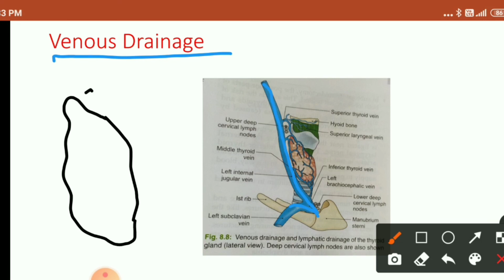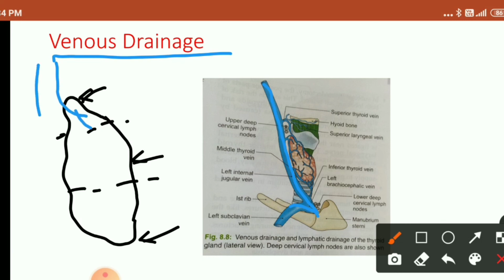The thyroid gland has one apex, one middle part, and one lower part. So the upper pole, middle pole, and lower pole are supplied by the corresponding veins: the superior thyroid vein, the middle thyroid vein, and the inferior thyroid vein.